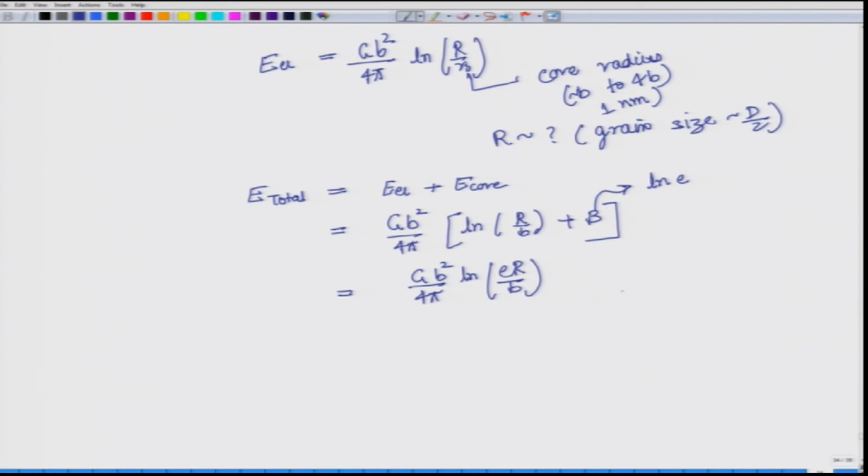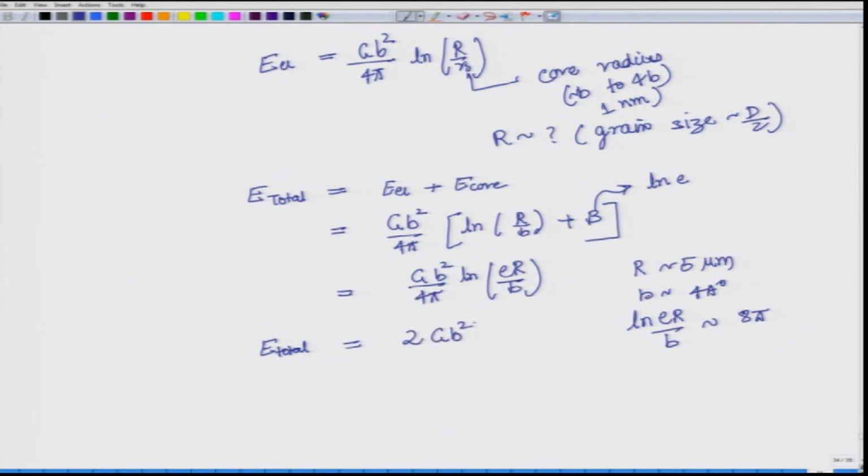Now, if you take the usual values, something like R equal to 5 micrometer, b equal to 4 angstroms, then ln ER by b can be taken approximately as 8 pi, and if it is equal to 8 pi, then it means that E total becomes 8 pi by 4 pi, there is 2, so it is equal to 2 G b square.